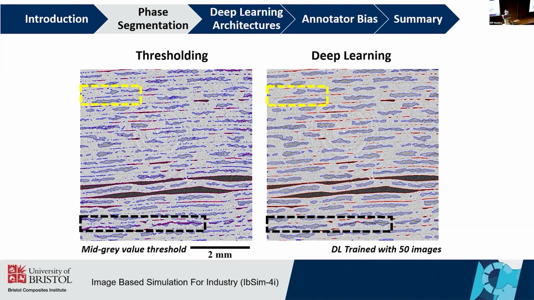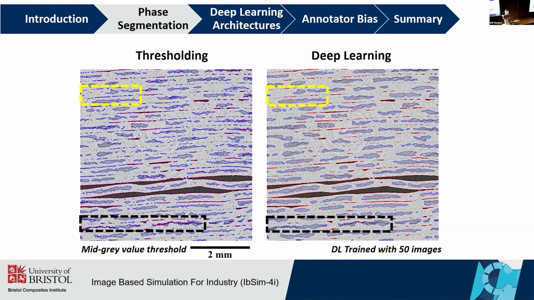It better recognizes what a dry area is, and it doesn't matter if the dry area has black voxels in here or here. It also mitigates the problems that thresholding had in the determination of this large dry area.